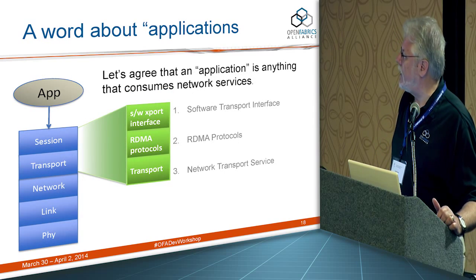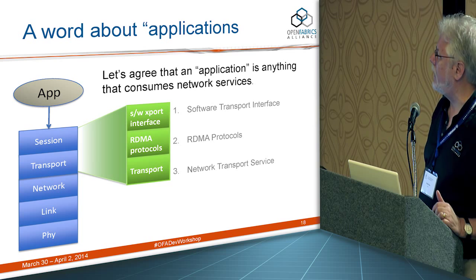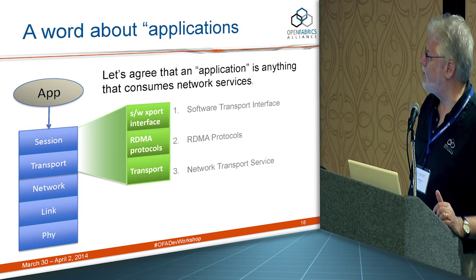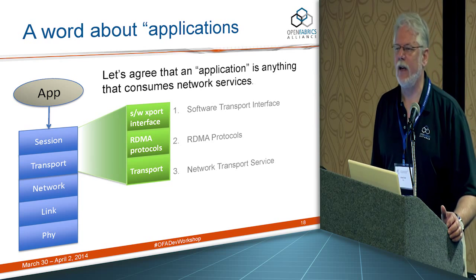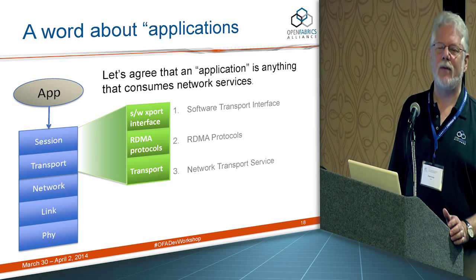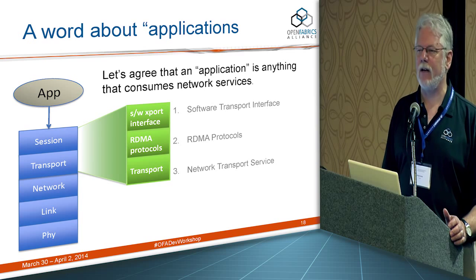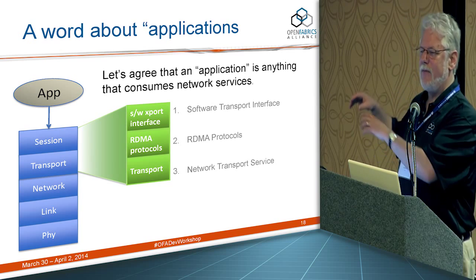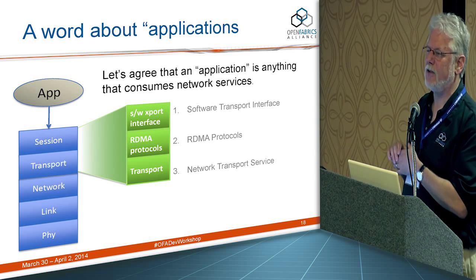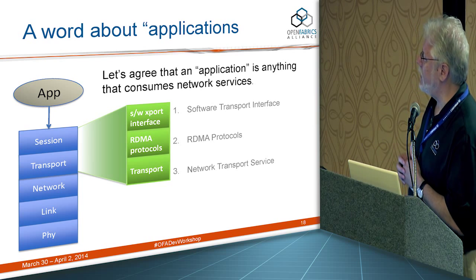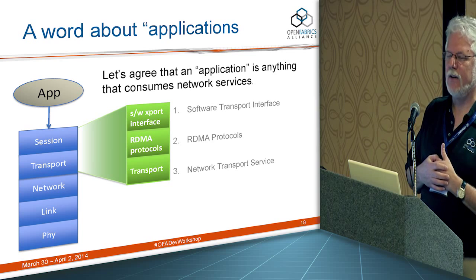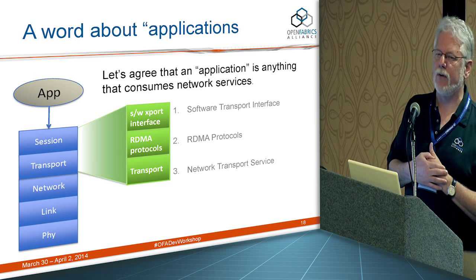One thing I wanted to say, only because this comes up a lot, there's a couple of people who really have a hard time with this, but when I talk about application and application-centric, people sometimes think you're talking about Flowdyne, right? No. What I'm talking about when I say application is very much in the context of the OSI reference model. The application is whatever it is that consumes the I/O services that we're providing.